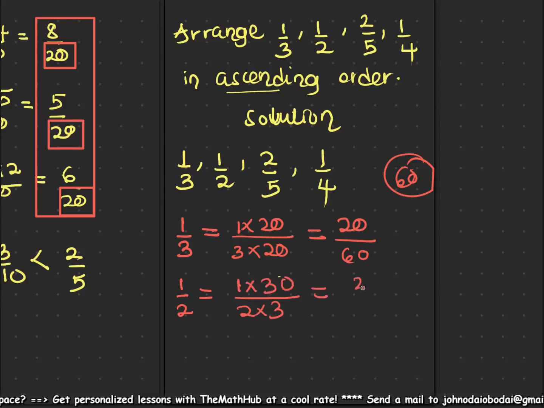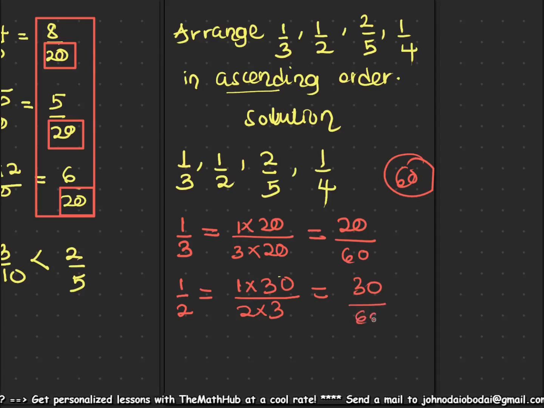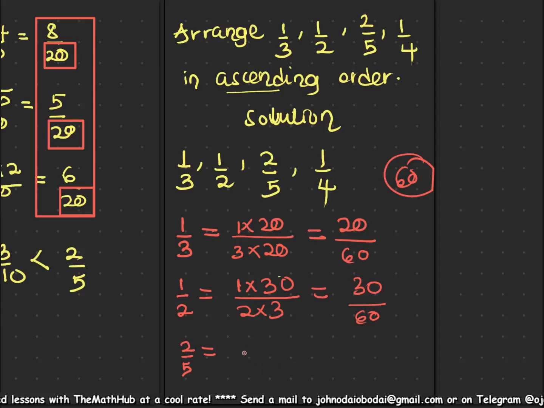And that is going to give us 30 over 60. Then the next one, we have 2 over 5. For 2 over 5, once again, our LCM, which is 60, we are going to divide 60 by 5. 5 divides 60, 12 times.